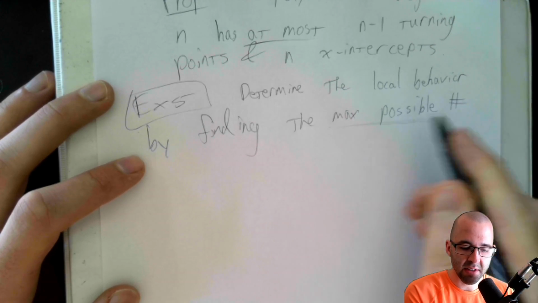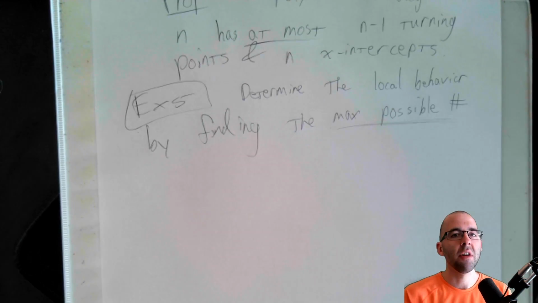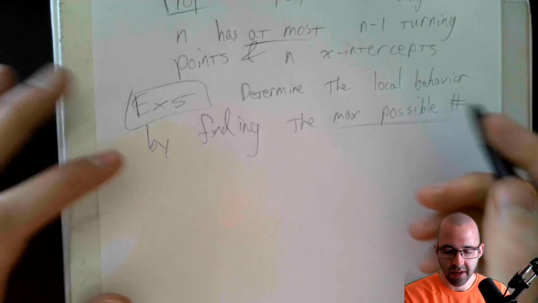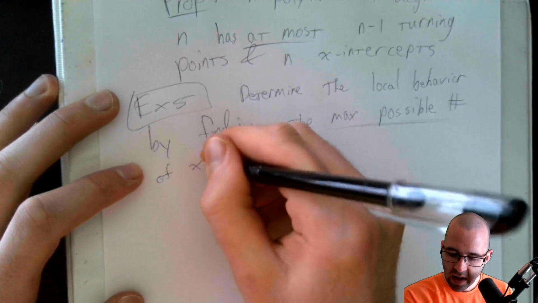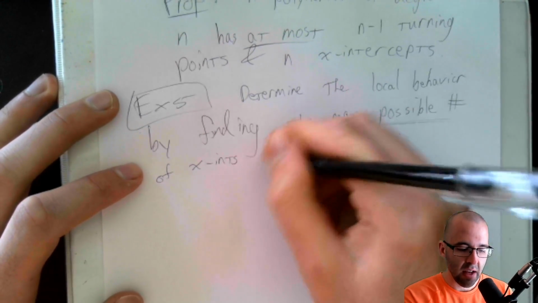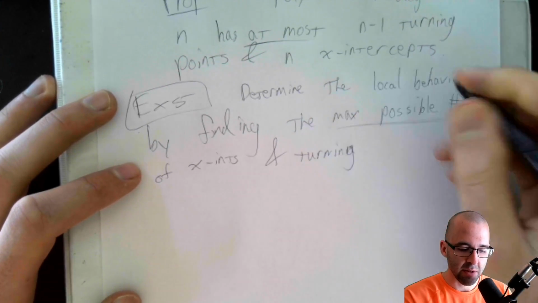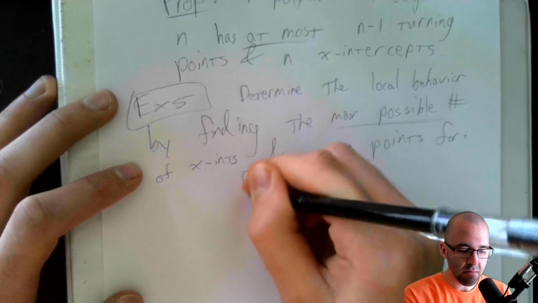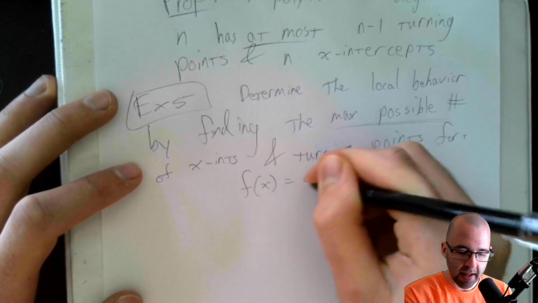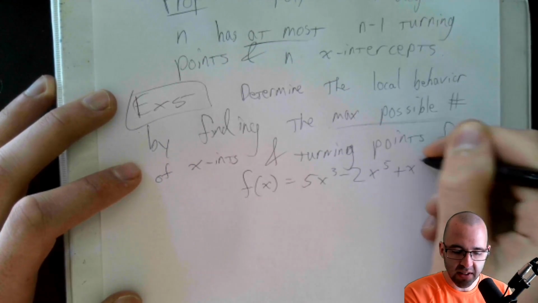That's all that property tells us. The property doesn't tell us how many it's going to have, just the most it could have. The max possible number of x-intercepts and turning points for this function: f of x equals 5x cubed minus 2x to the 5th plus x squared minus 1.